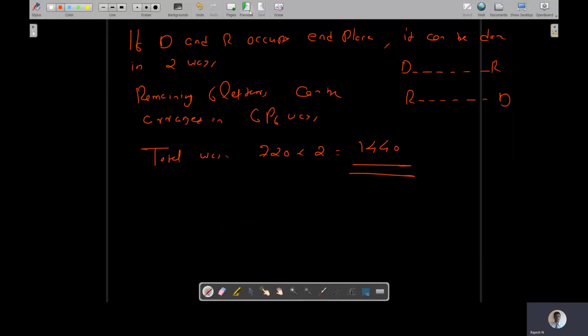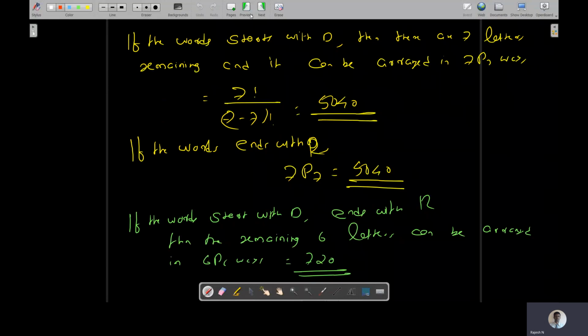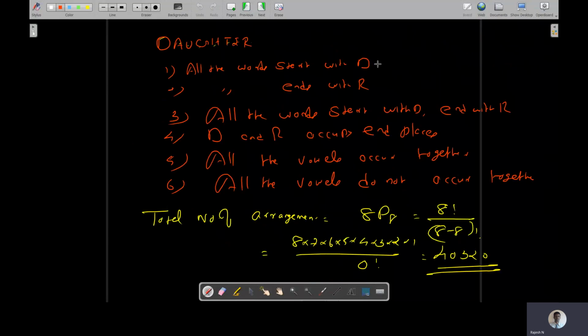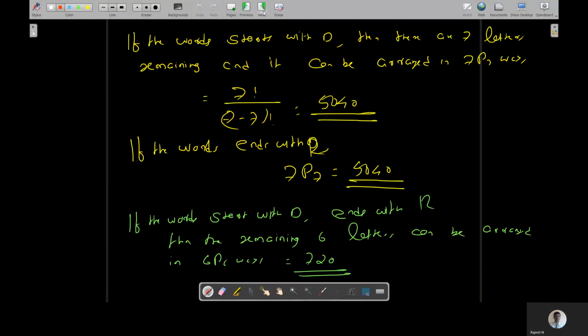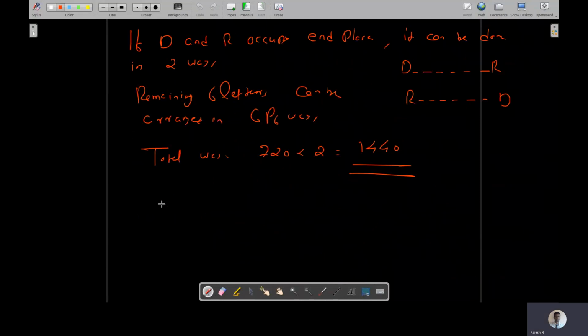What is the next one? The next case: all the vowels occur together. So what are the vowels here in DAUGHTER? A is there, U is there, E is there.